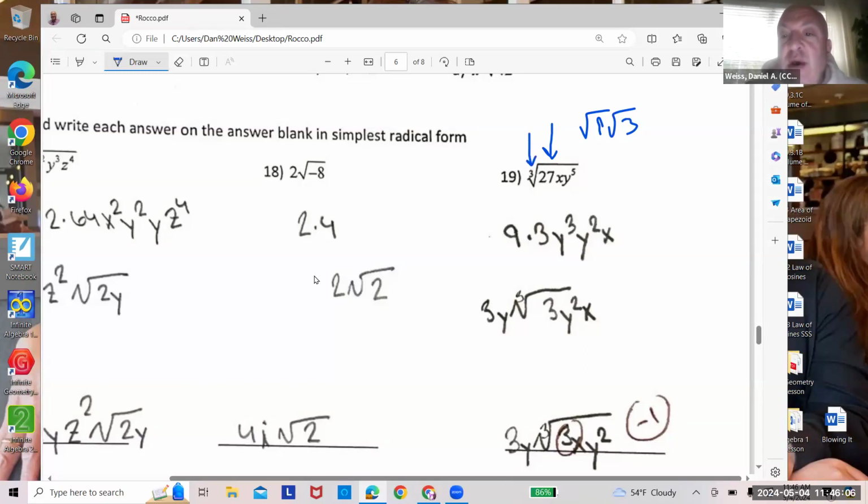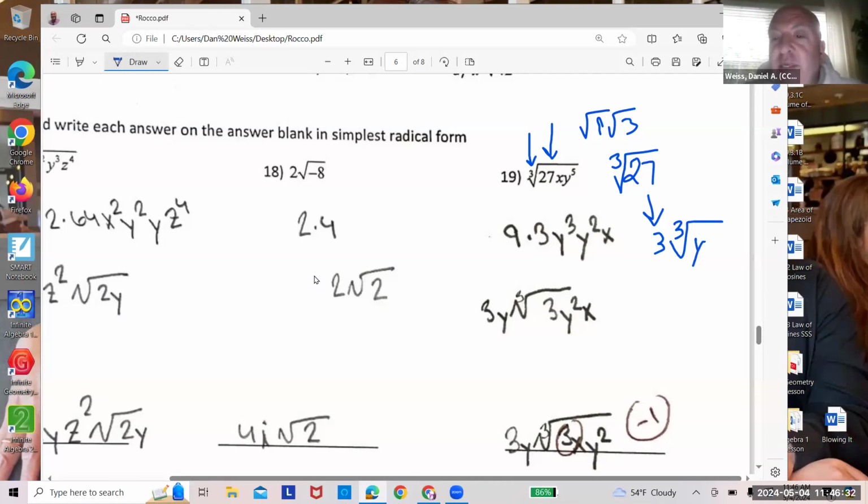So it's a number times itself times itself. And the cube root of 27 is 3. Okay. So it's just going to be 3 times cube root of y.